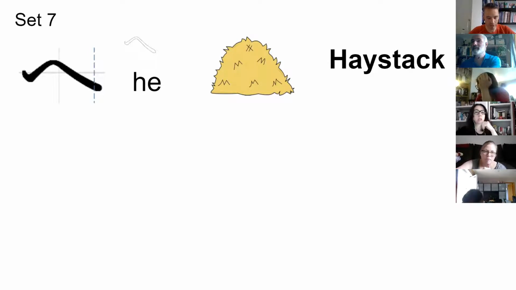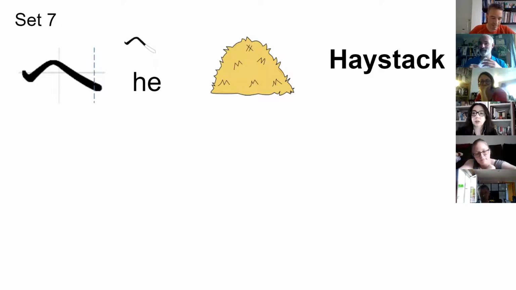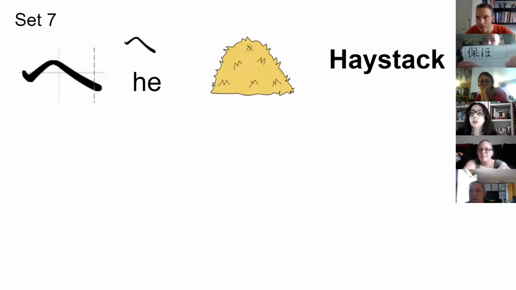I have a kind of funny, my own sort of story of the history of these, which is that one day they decided in Japan, hundreds of years ago, to convert all of the kanji into hiragana. So the master printer was assigned ho, and you can see here, this looks fairly similar actually, doesn't it?